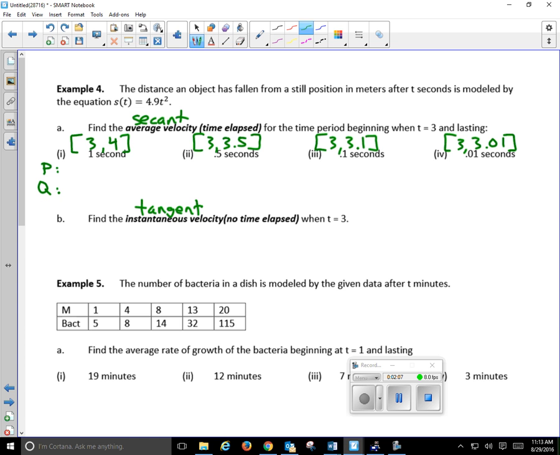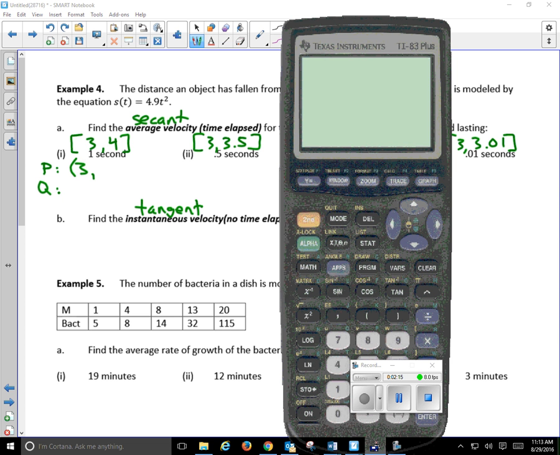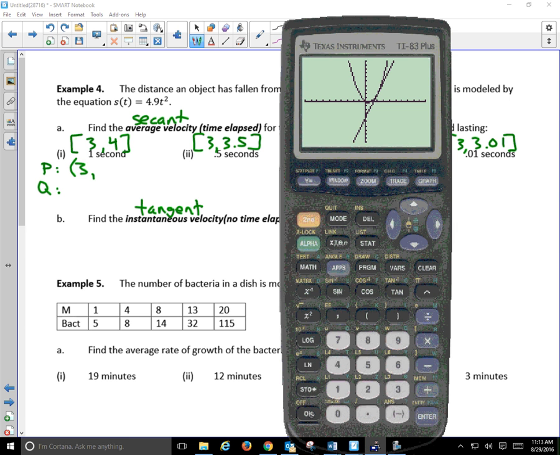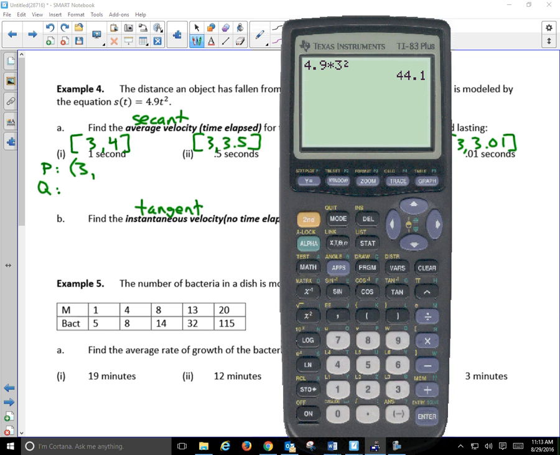Point P has an x value of what? 3. How do I find the y value? Plug it in. So I take 4.9 times 3 squared, and I get 44.1.